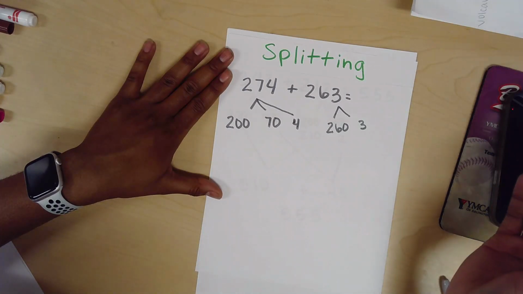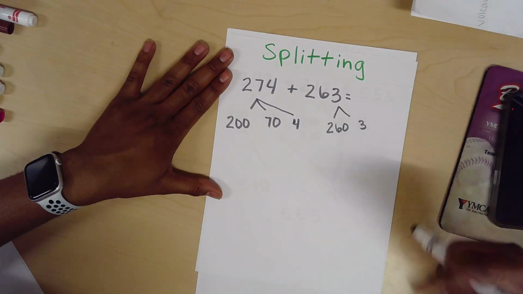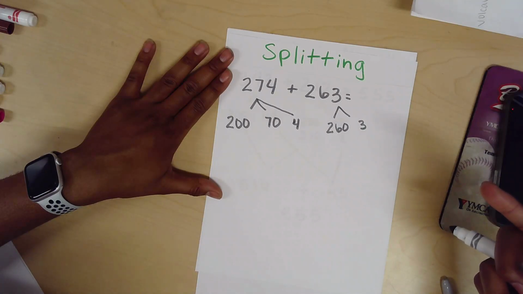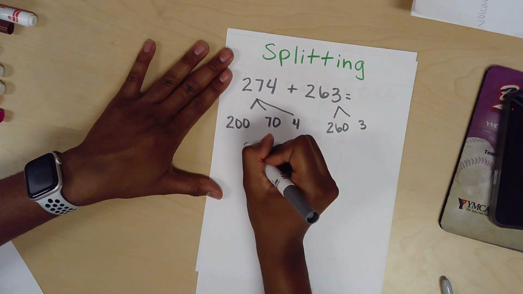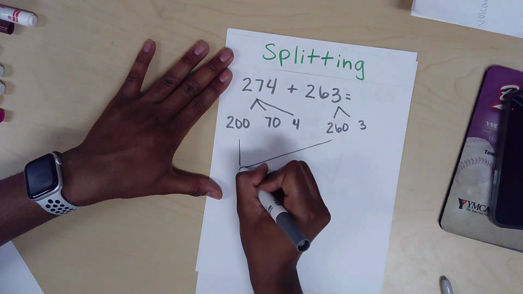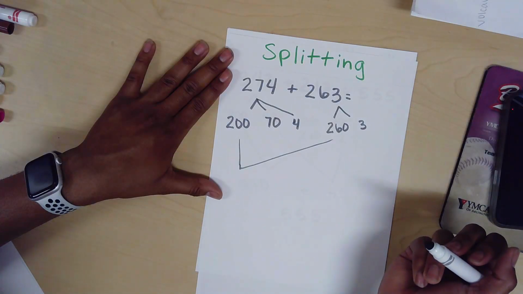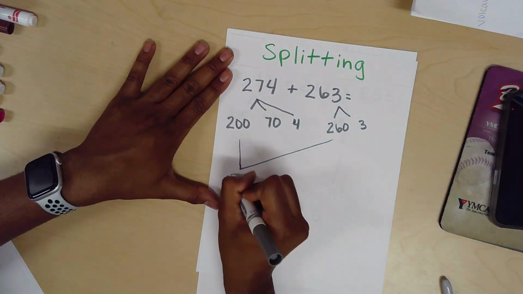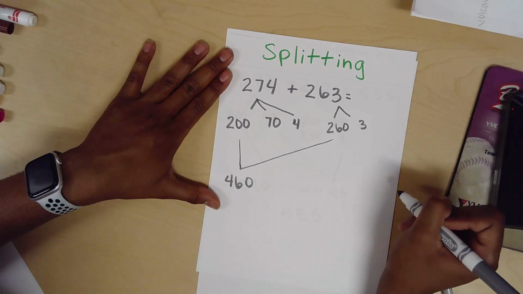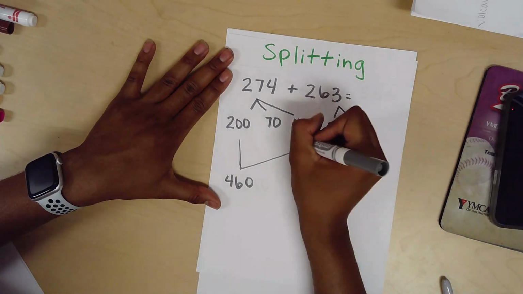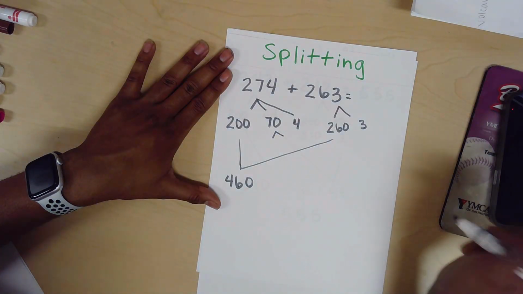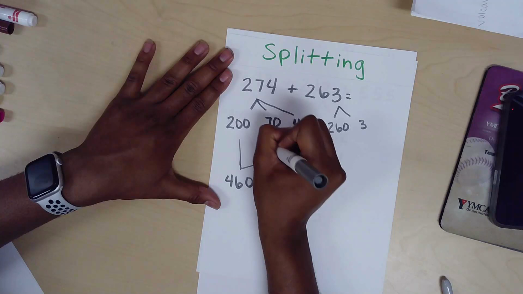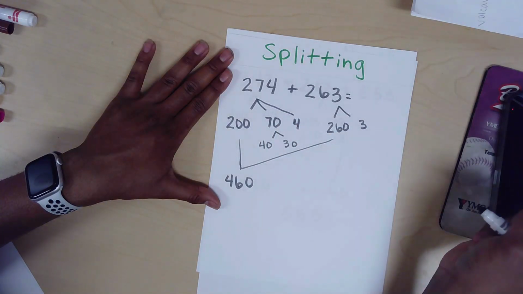So the joy about splitting is that they can keep splitting them down until it's as easy as they want it to be. So right now, I'm going to combine my 200 and my 260, and I'm going to get 460. And then what I'm going to do actually is split my 70 even further into 40 and 30.